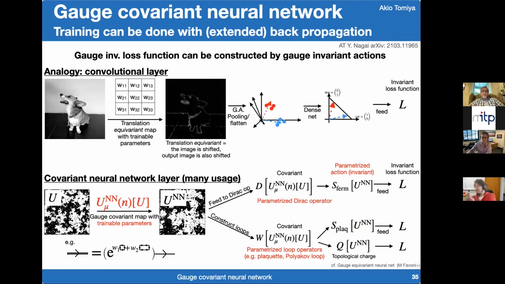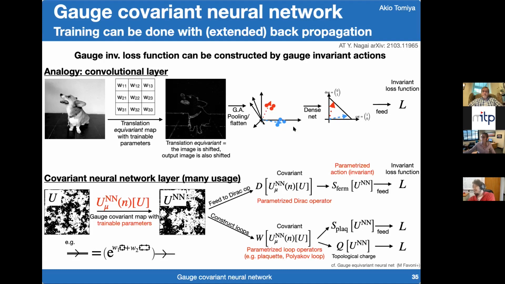This is an analogy to the conventional convolutional neural network. As I explained, the picture is fed to the convolutional filter, and we get some edge or maybe a smoother image, depending on the filter. Anyhow, we get some image, and this is fed to the neural network through global average pooling or flatten.